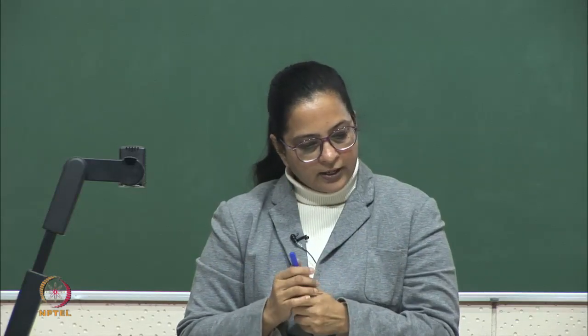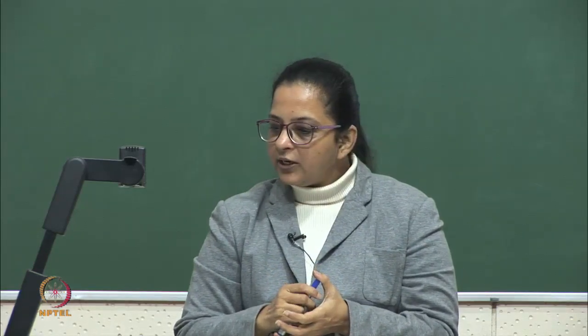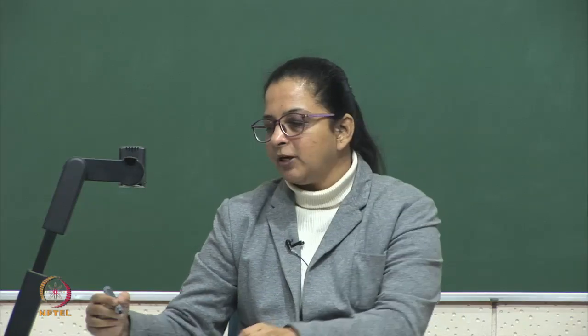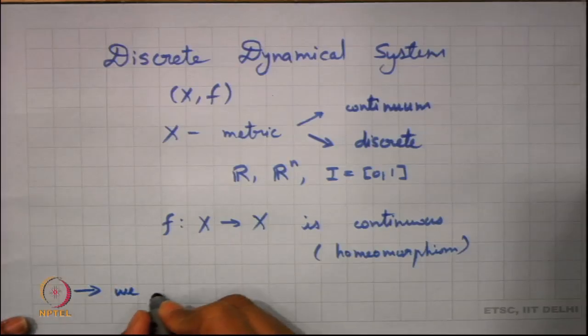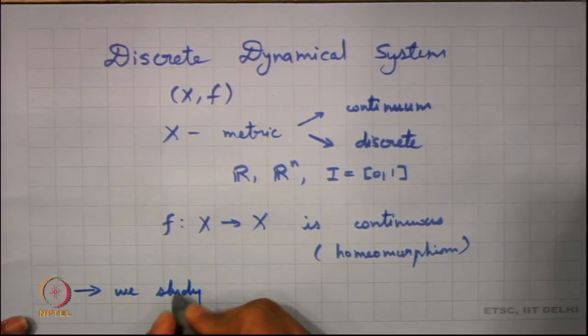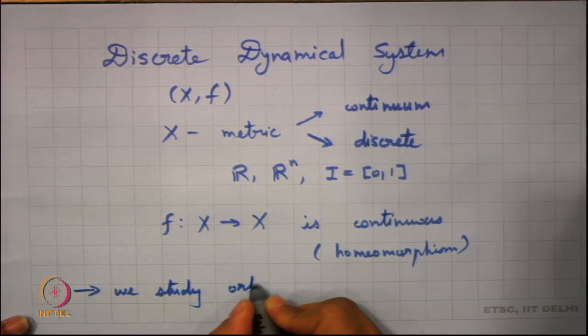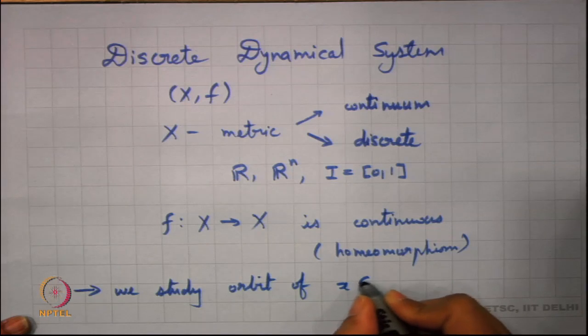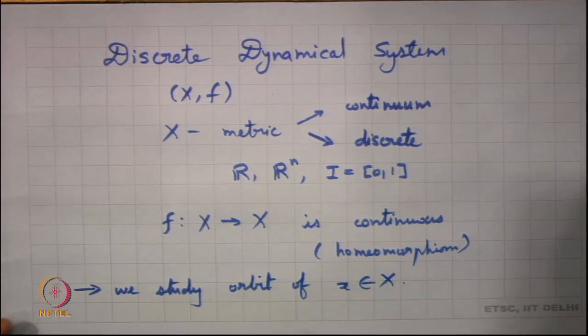So we start with that, and what essentially do we study over here is the orbit of a typical point x in X. So what is an orbit, right?